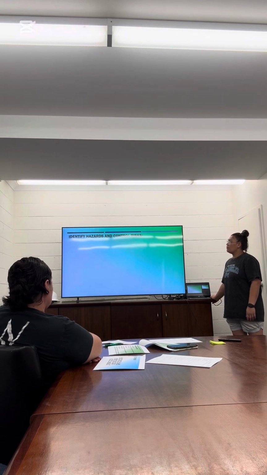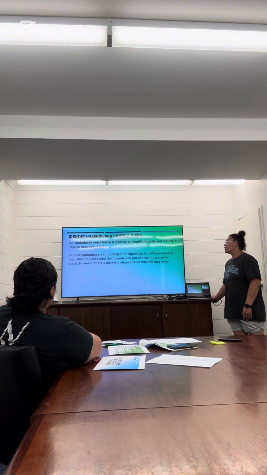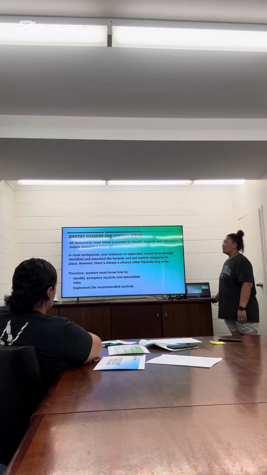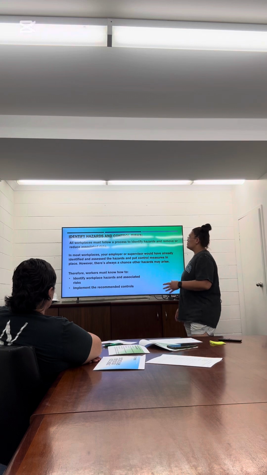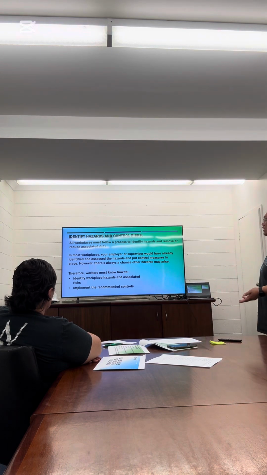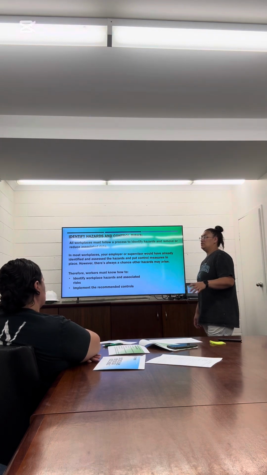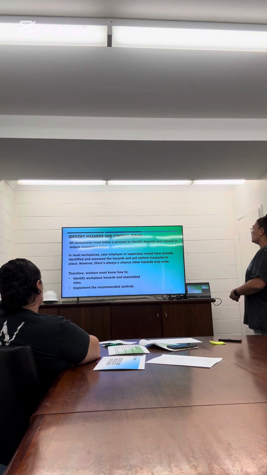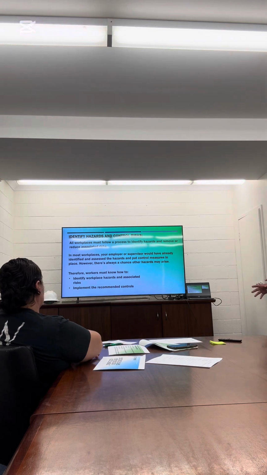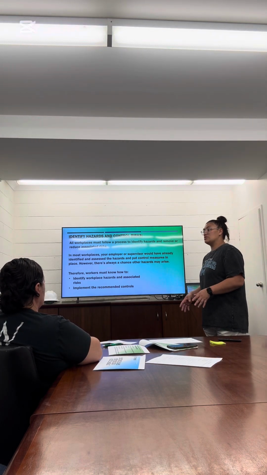So moving on, now identify hazards, controls and risks. We've already done that, but this is just in a little bit more detail. All workplaces must follow a process to identify hazards and remove or reduce the associated risk. In most workplaces, your employer or your supervisor would have already identified and assessed these hazards and possibly put controls in as well.